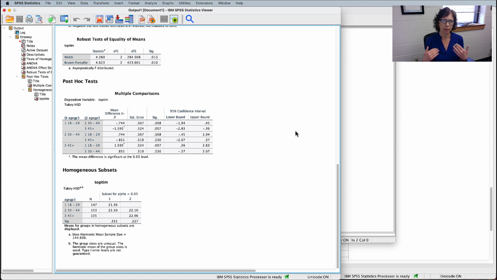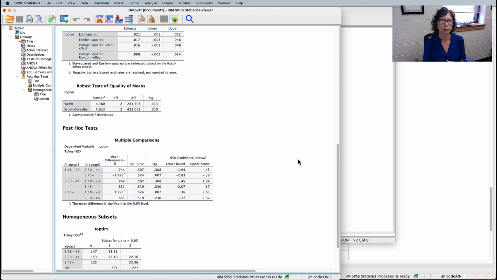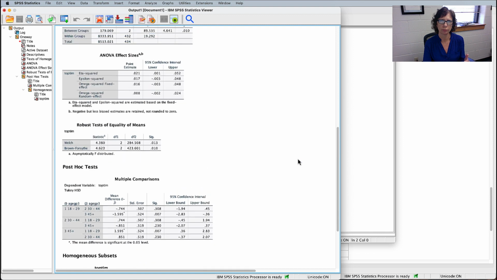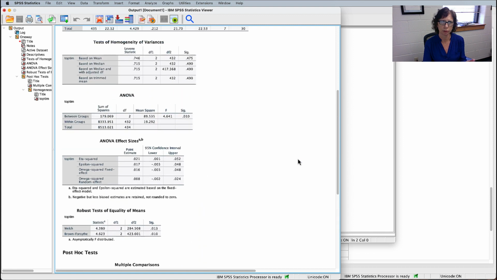So that kind of ups our opportunity for making a type 1 error, finding an effect when there really wasn't one. So they tend to use a higher restriction for these post-hoc tests, which is why we're using Tukey. So that's all of the information for our first one-way ANOVA using post-hoc.